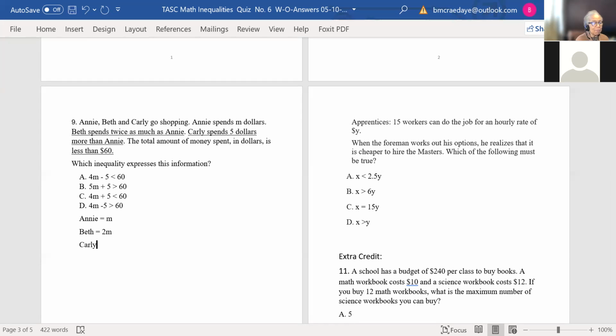Carly spends $5 more than Annie. How did you translate that, Maureen? More than means what? To add. That's it. Very good. So what did Carly spend?